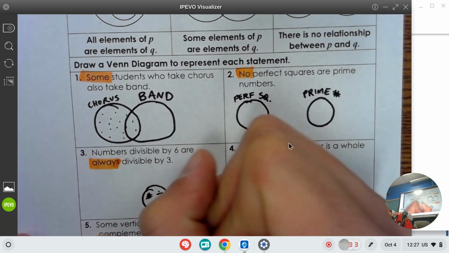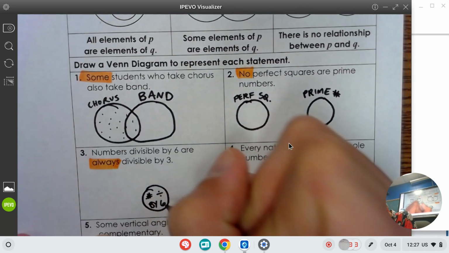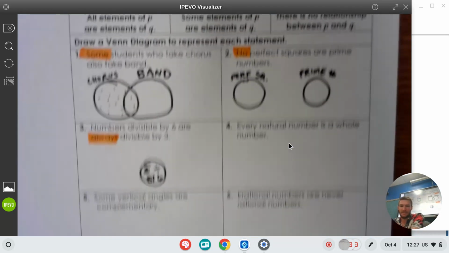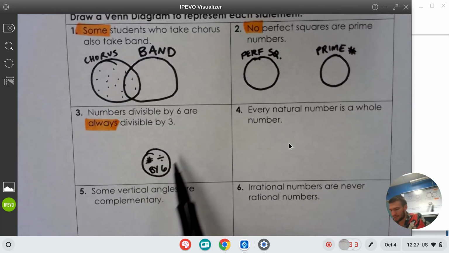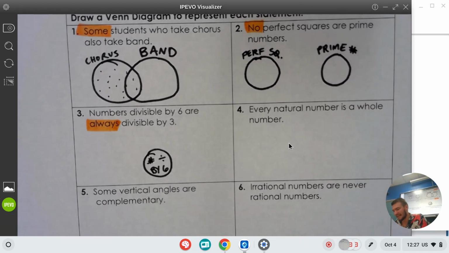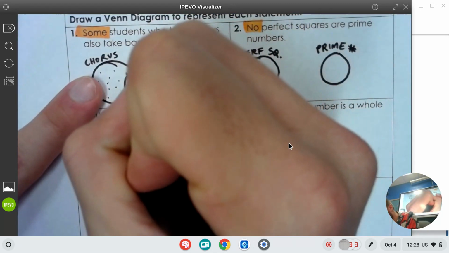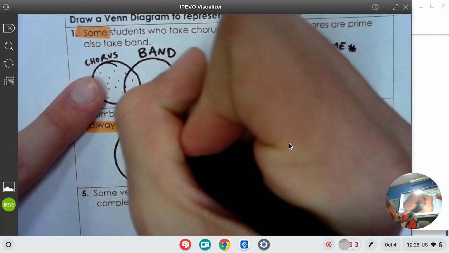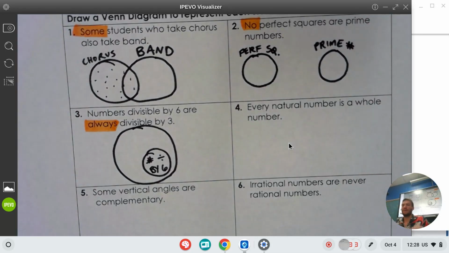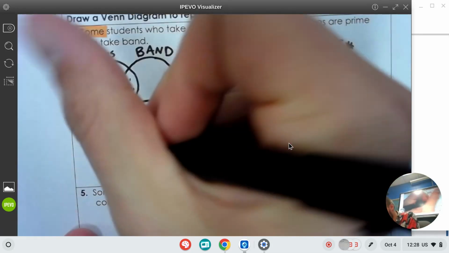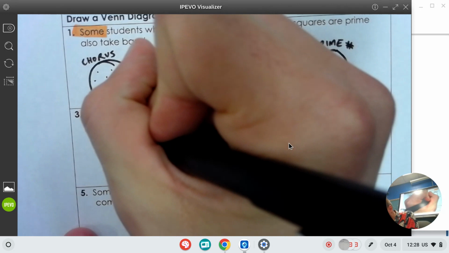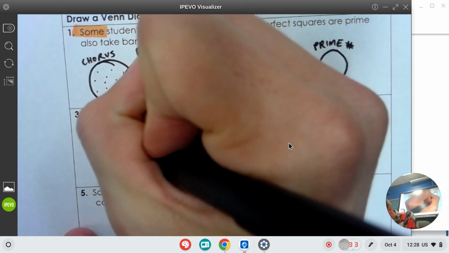Numbers divisible by 6 in that circle, those numbers are always divisible by 3. So we can draw a great big circle, and our circle should be completely inside the other one. These are going to be numbers divisible by 3.